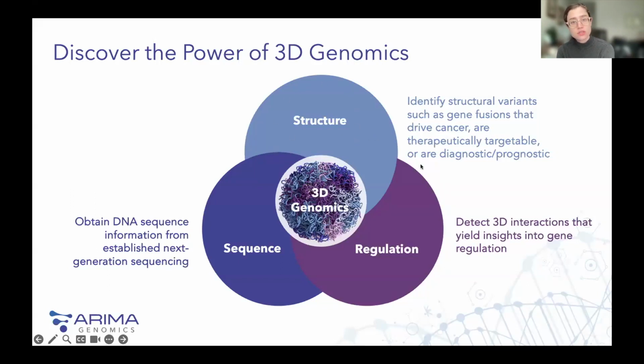And specifically for this webinar, we're going to be focusing on the ability to identify structural variants, which can be very important as cancer drivers and also in other types of disease. And it also gives you information on the specific regulation of the genes behind the 3D interactions that are established between genes and promoters, the gene promoters and enhancer elements, for example.